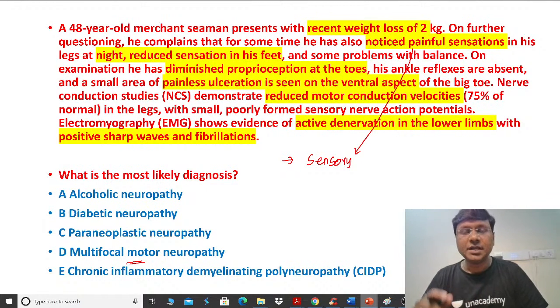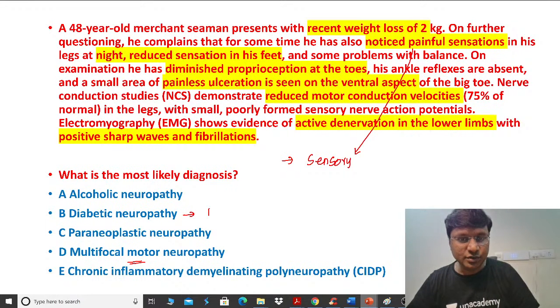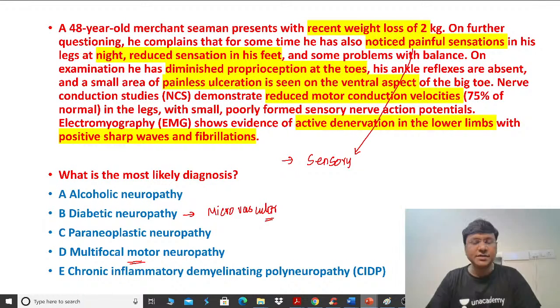Now, take diabetic neuropathy. It is one of the microvascular complications. In this question, I will also teach you how to rule out the other options. Can anyone tell me what are the other examples of microvascular complications?